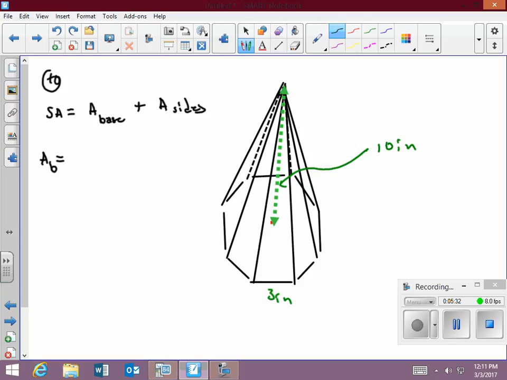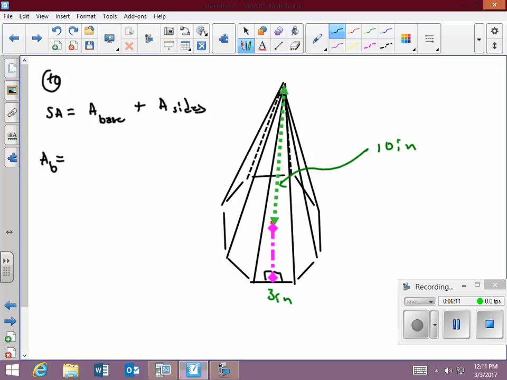each one of those triangles. So what we've got to know for the area of the base is this distance right here. And all we have is that green height and the 3.